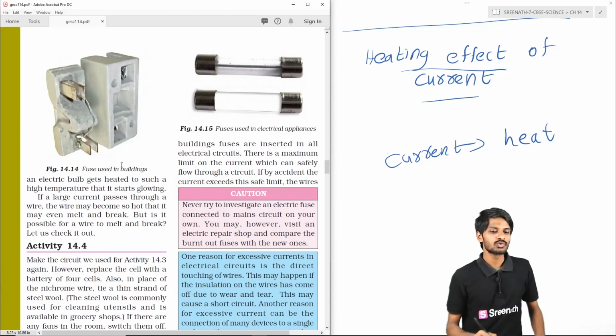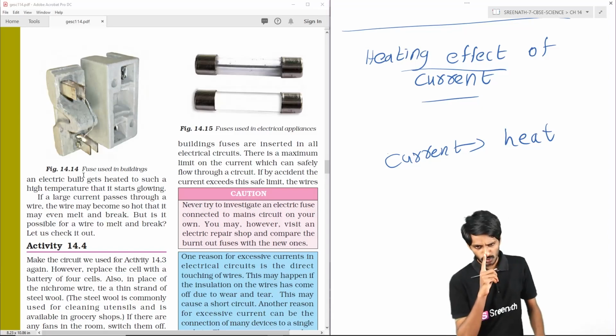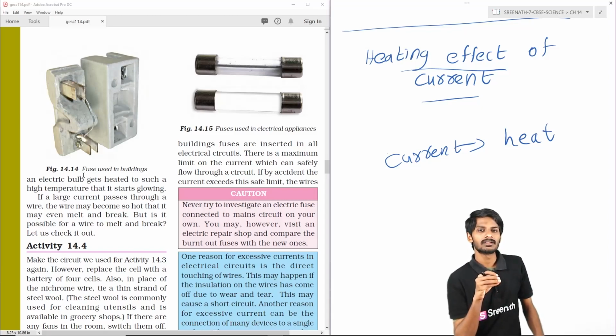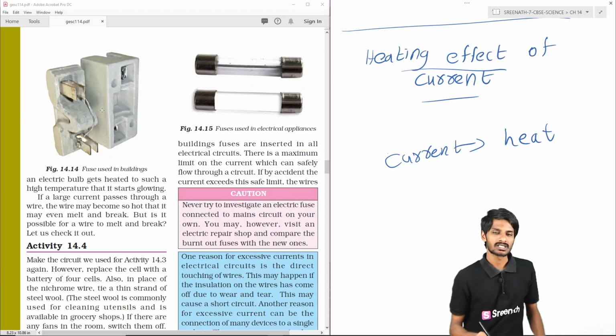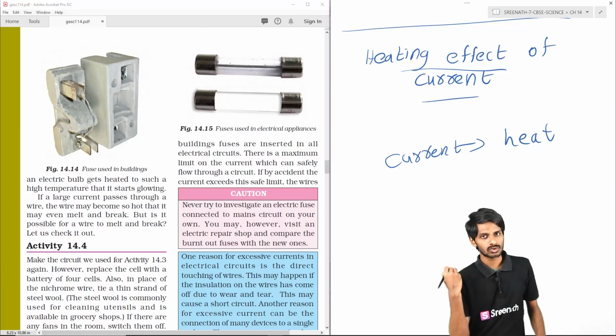Here, the fuse is used in buildings. If there is any heating in the electrical appliances, or if a large current flows into the building, to avoid it we place a fuse in our house. The current travels through the fuse, then goes into your house to all appliances.